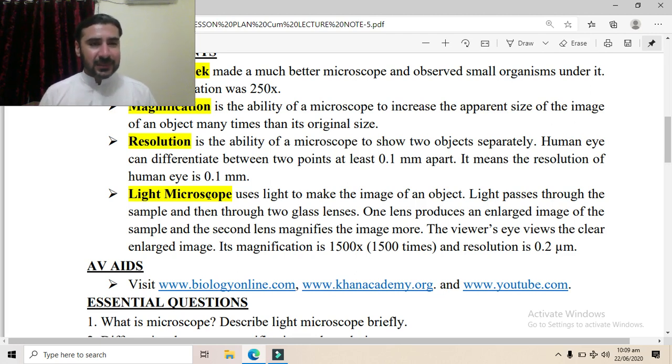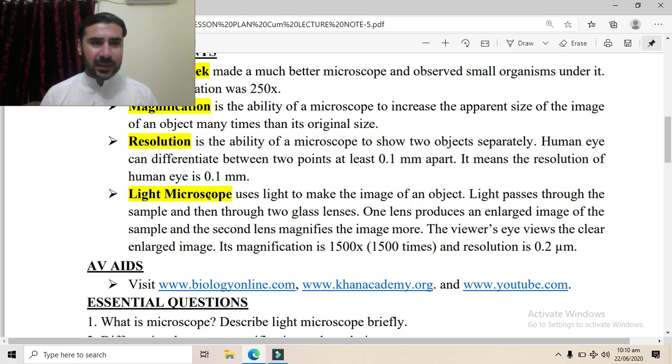Because whenever we use a microscope, we need a light source to illuminate the specimen or sample. A light microscope is called a light microscope because in this microscope the light source is the normal visible light.